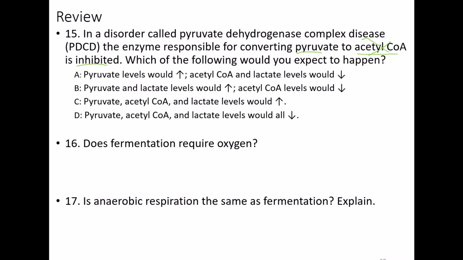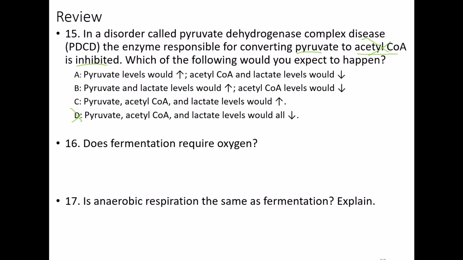So let's look at that first. Let's see if there's any we can eliminate. So the first one, pyruvate goes up. That's okay. Second one, it says pyruvate and lactate would go up. That would be okay. Pyruvate, acetyl coenzyme A, lactate all go up. And D says they all go down. So we can eliminate D just knowing that pyruvate is going to increase if we can't convert pyruvate to acetyl coenzyme A. So we got our pyruvate figured out.